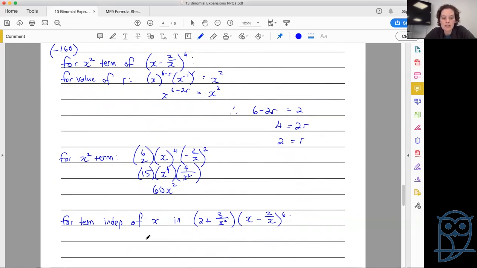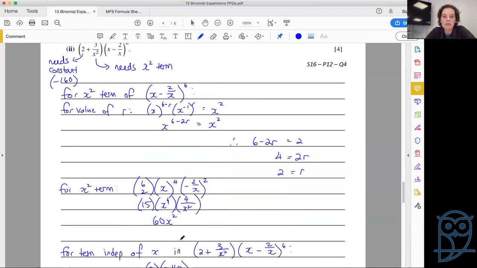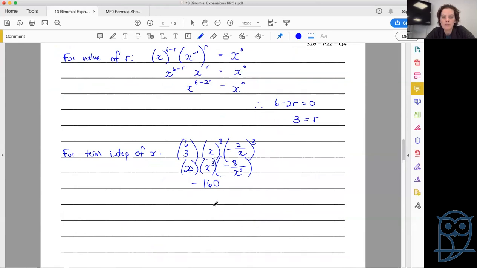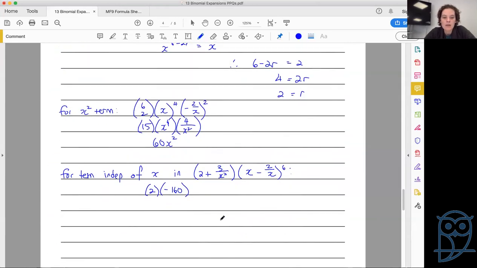So we said we need the 2 times the constant that we got up here in part 1, plus we need the 3 over x squared times the x squared term. So 2 times 160 gives us minus 320, plus the x squareds cancel.